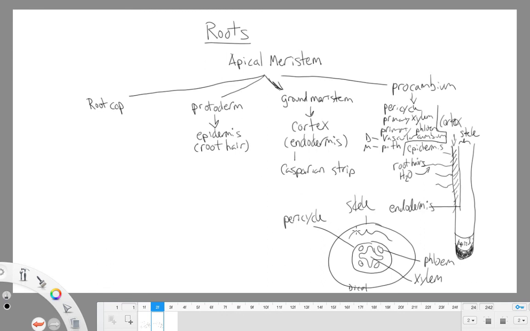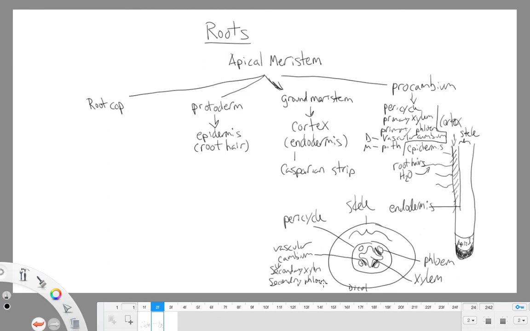And then, in between them, right here, is our vascular cambium. And that is going to produce secondary xylem and secondary phloem.